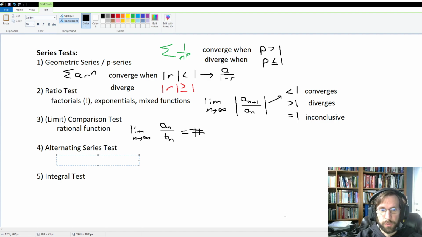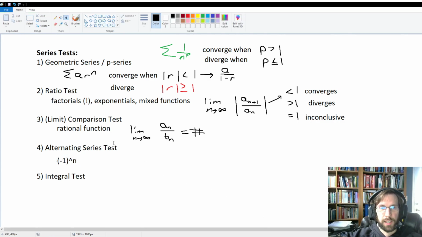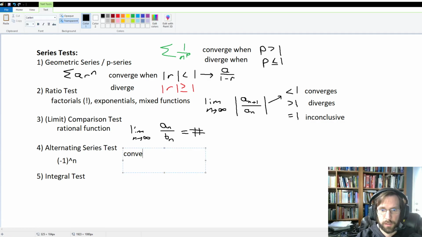Okay, so you use the alternating series test when you have -1 to the n, or -1 to the n plus 1 or n minus 1, something like that. So it alternates between positive and negative. If it does that, it converges when two things happen. The first thing is that the absolute value must be decreasing.